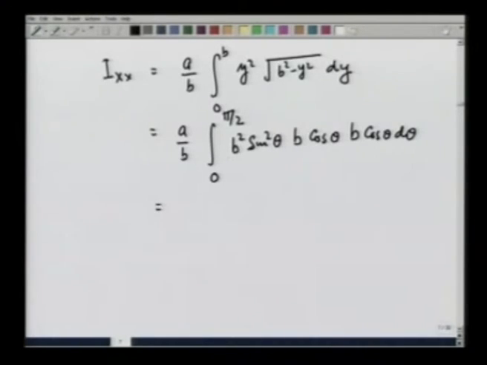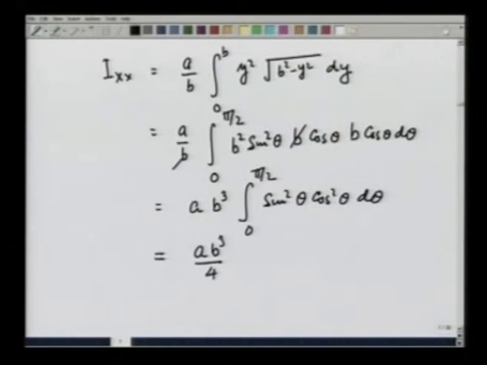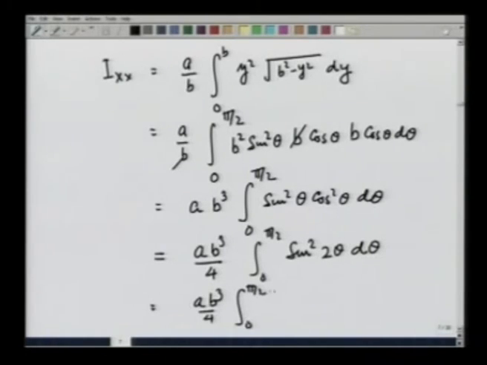This b cancels, and I get a b cubed integral of sine square theta cosine square theta d theta from 0 to pi by 2. This can be written as a b cubed divided by 4, integral 0 to pi by 2 of sine square 2 theta d theta, which is a b cubed over 4 integral 0 to pi by 2 of (1 minus cosine 4 theta) over 2 d theta.